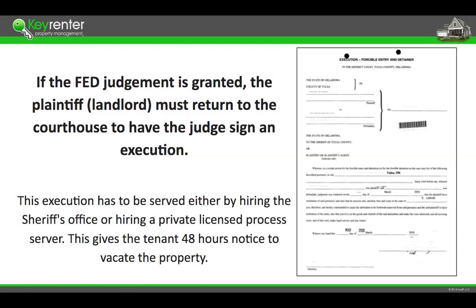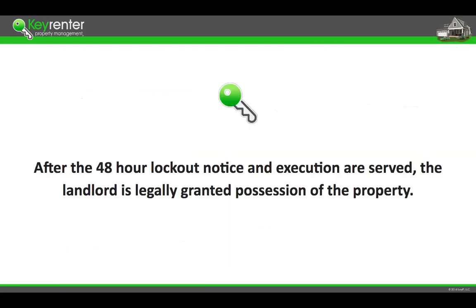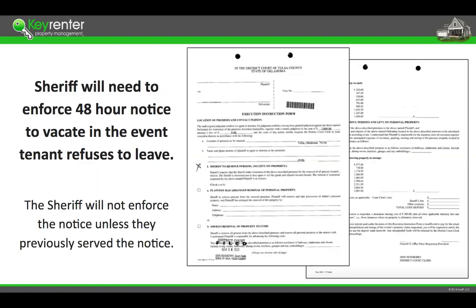This notice, this execution, gives the tenant 48 hours notice to vacate the property. After that period, the landlord is legally granted possession of the property. So that is the time at which you can actually drill out locks. You can just take a key and enter, but it's not always that easy, right?